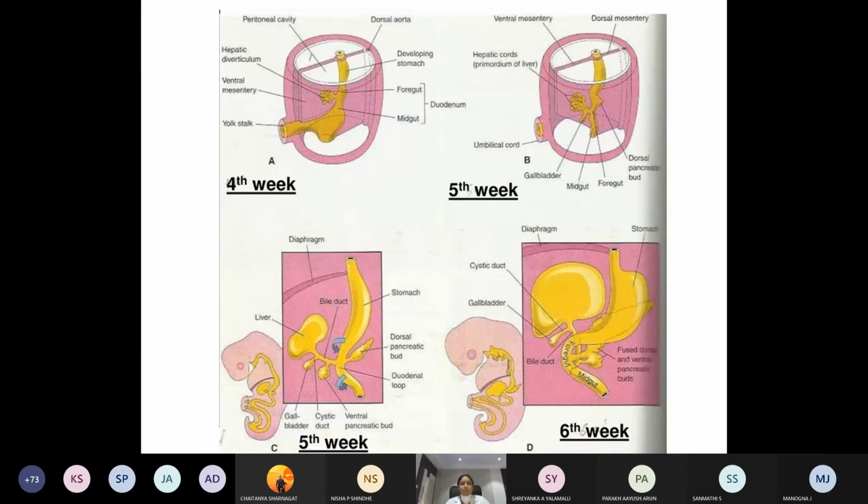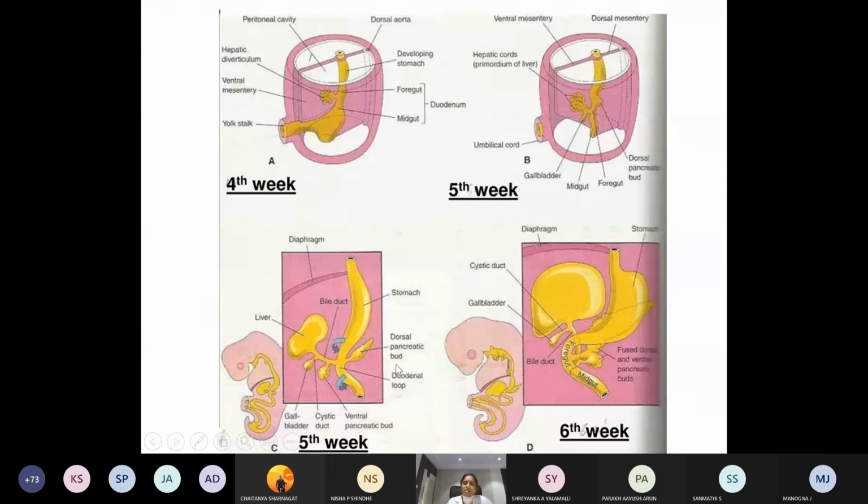So meanwhile, when the duodenum is developing, the large intestinal coils initially will be out of the umbilical ring. See here, they will be pushed out. They are pushed inside during the growth of the midgut. One stage is there where the intestinal coils are pushed inside.